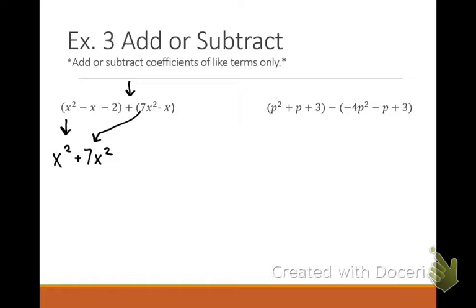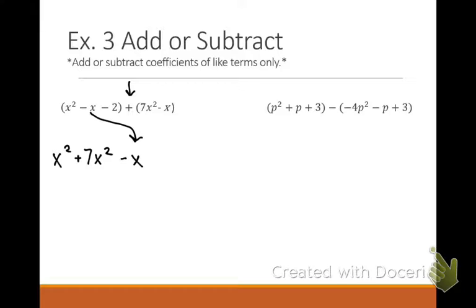Remember, guys, variables are only like terms if they have the same exact power. Okay? So I'm going to match my x squareds together. Now I'm going to match my next power of x down, which would just be x. I'm going to bring down my negative x.